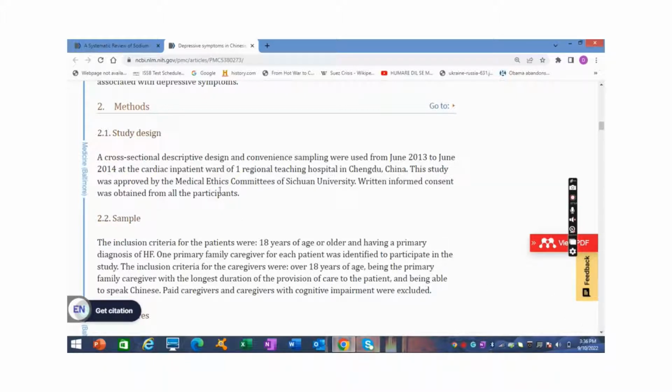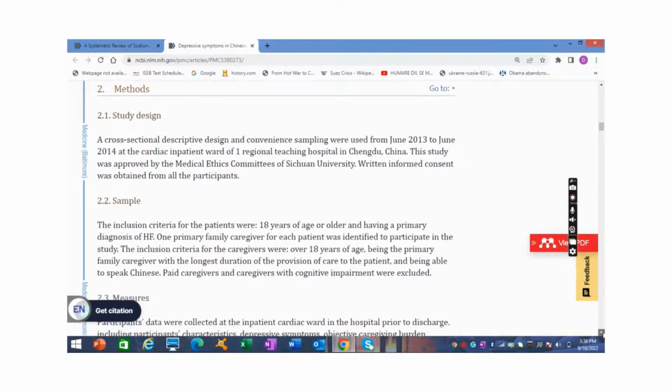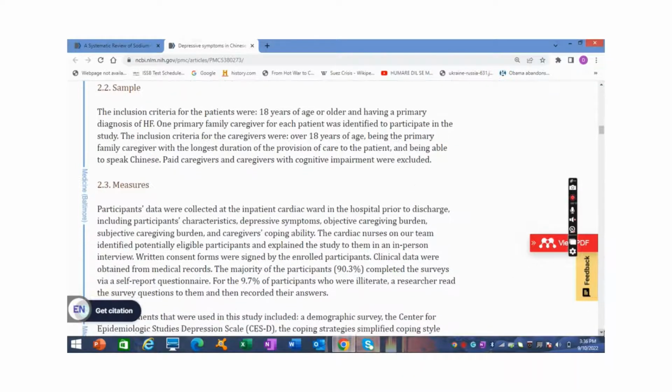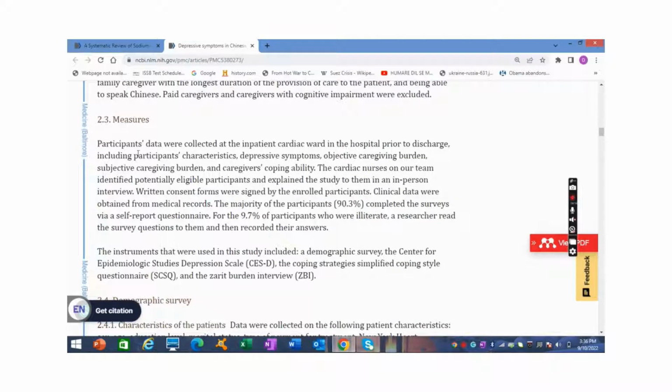So now it is describing: first it described its study design and method. The researcher is telling you the method. How did he conduct the research? He first described his study design. It was cross-sectional, and he chose this method through research methodology. Then sample: he is describing how he selected his sample. And measures: he is telling you what he measured during the research.